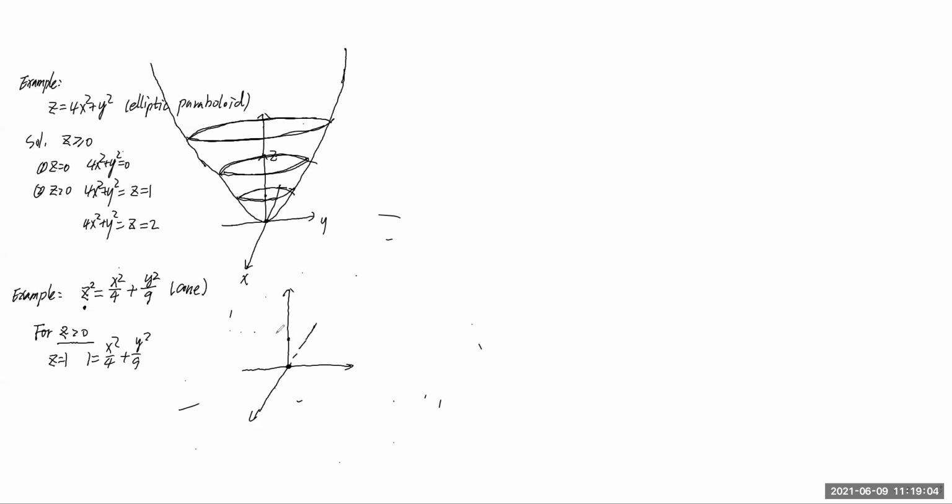You get an ellipse like this. And then when z is 2, you get another ellipse. Continuing the same way, we get the picture. So this time the picture should be like this.